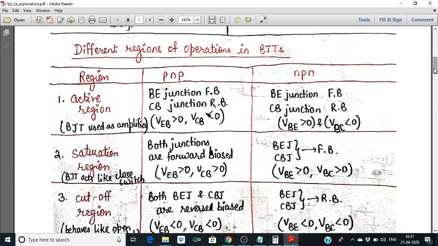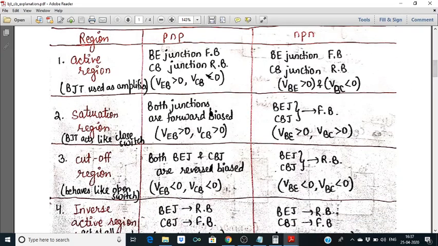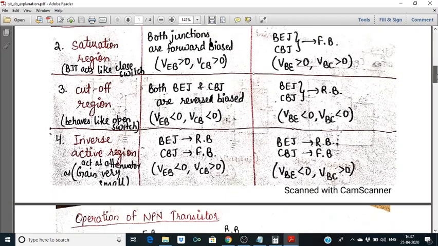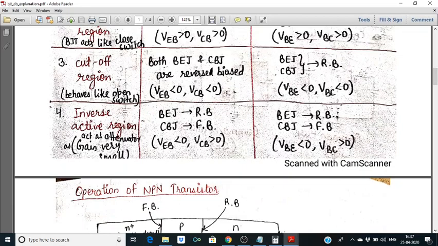In the saturation region, both junctions are forward biased, and the BJT acts like a closed switch. In the cutoff region, both junctions are reverse biased, and the BJT behaves like an open switch. In the inverse active region, the base emitter junction is reverse biased while the collector base junction is forward biased, and the BJT acts as an attenuator, as the gain is very small in this region.